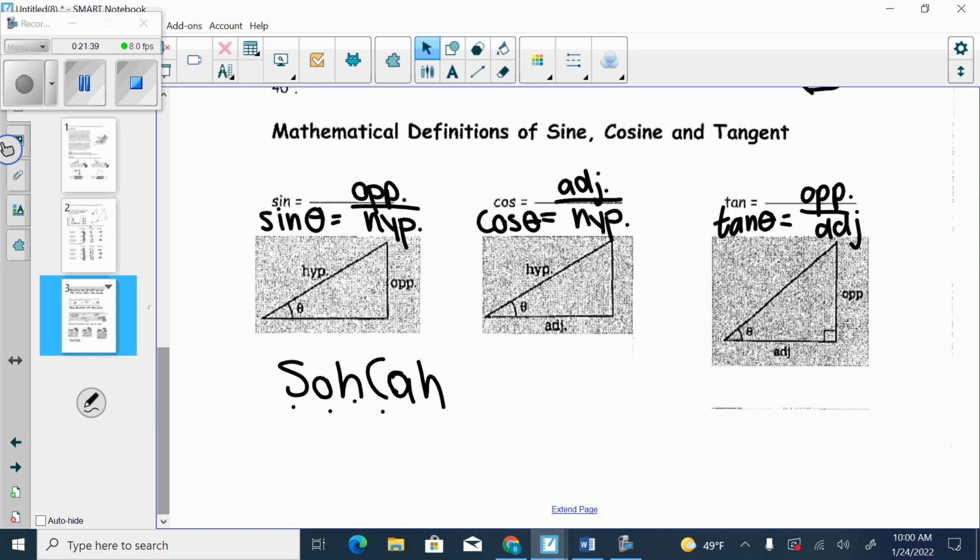CAH: cosine equals adjacent over hypotenuse. TOA: tangent equals opposite over adjacent. And it's a really weird word that you don't tend to forget, so I think it works.